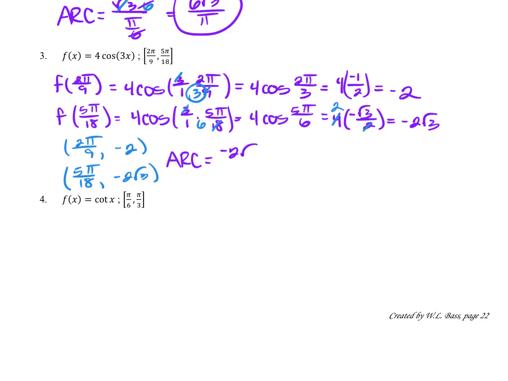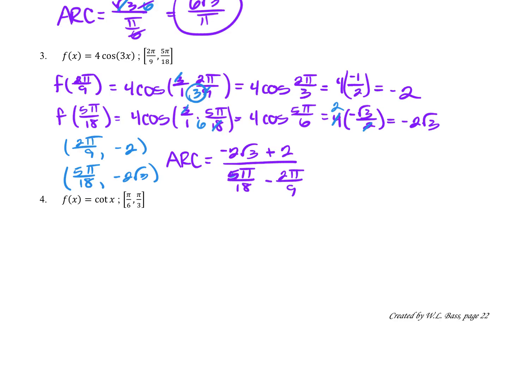Negative 2 radical 3 minus this negative will be plus 2. And in the denominator, I will have 5 pi over 18 minus 2 pi over 9.